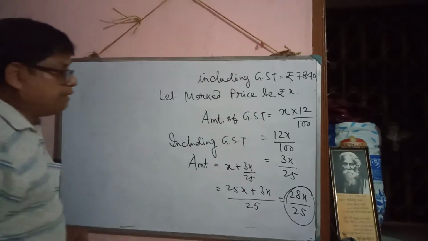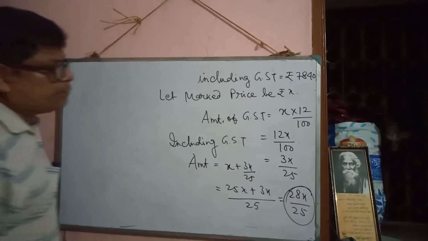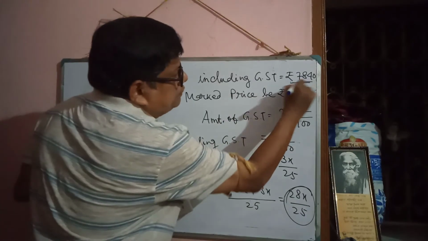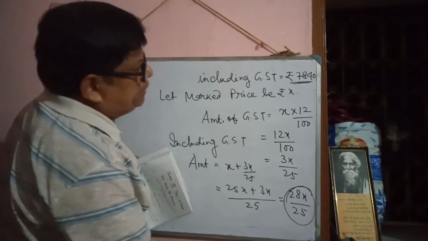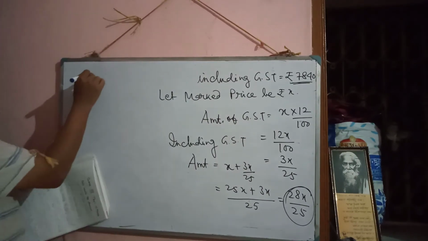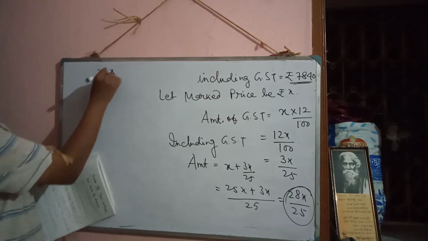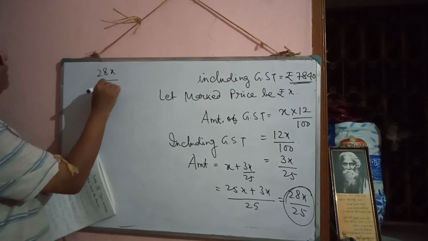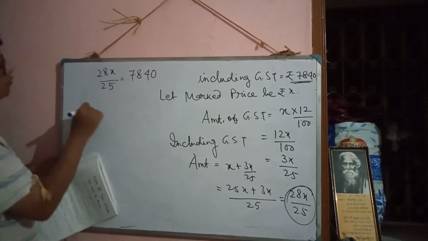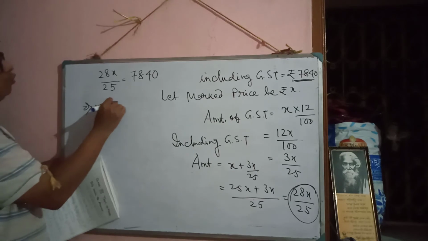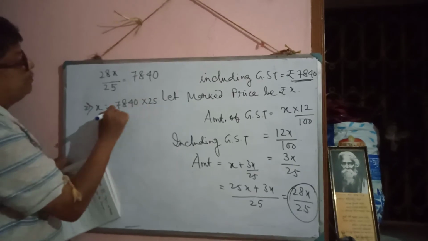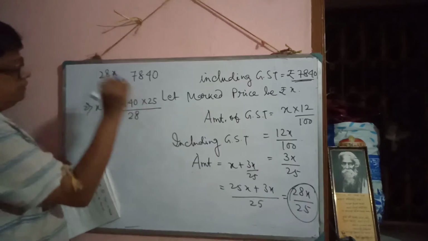So here including GST, the amount is given, that is 7,840. So write 28x by 25 equal to 7840. So x equal to 7840 into 25 by 28.